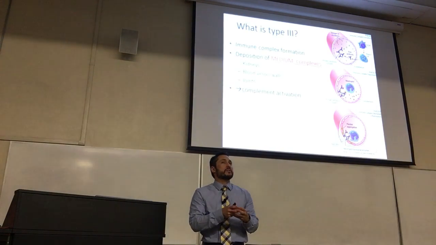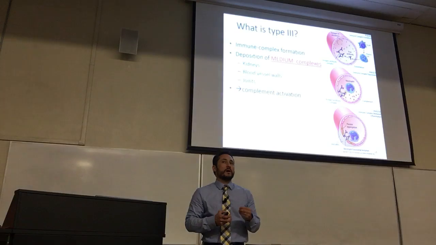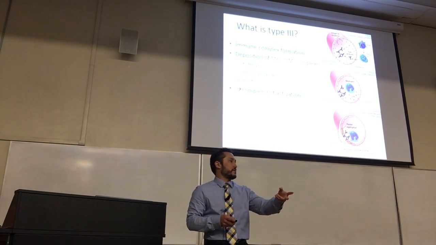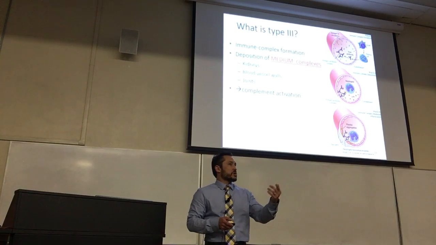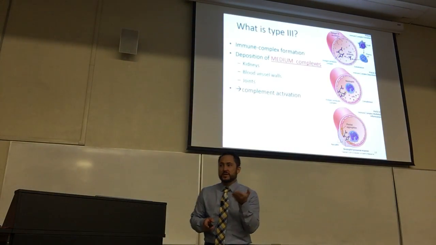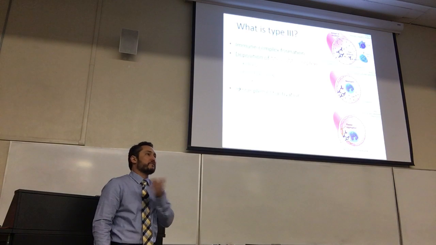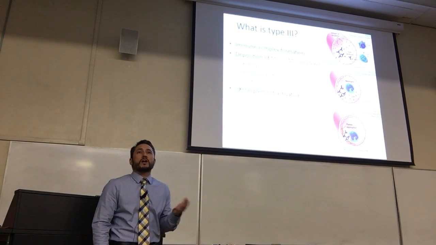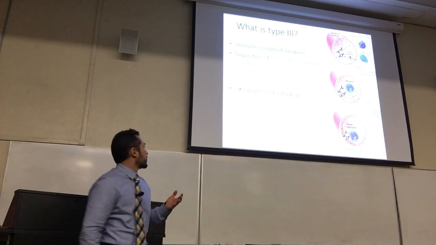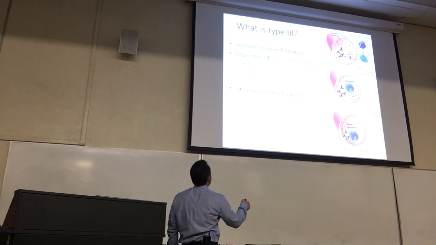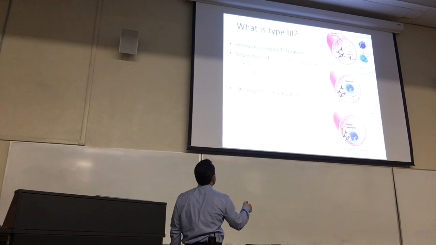That complex circulates around and gets stuck somewhere and causes an inflammatory reaction in that end tissue bed. So most of the common places that you're going to see type 3 are areas where you've got blood filtration or blood contact. So things like the kidneys, in the wall of the blood vessel itself, and then joints.